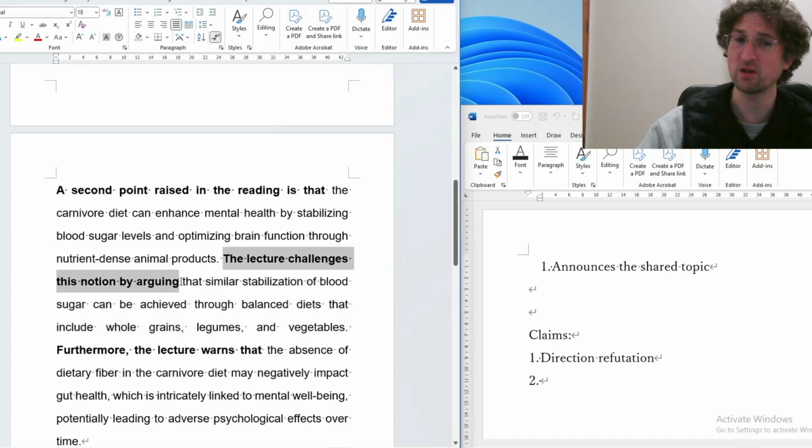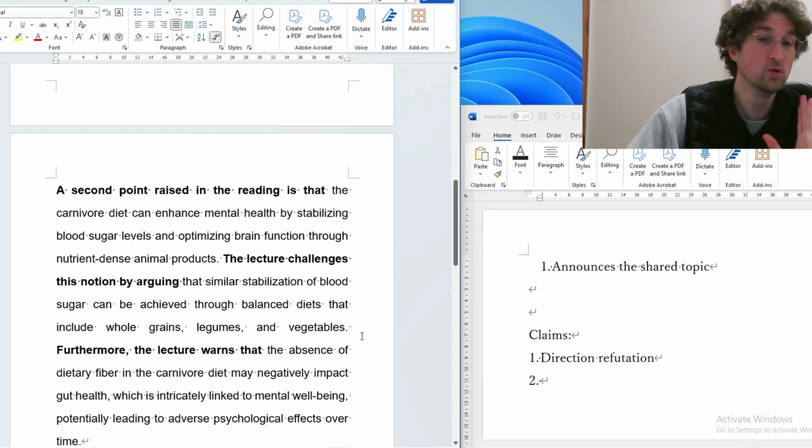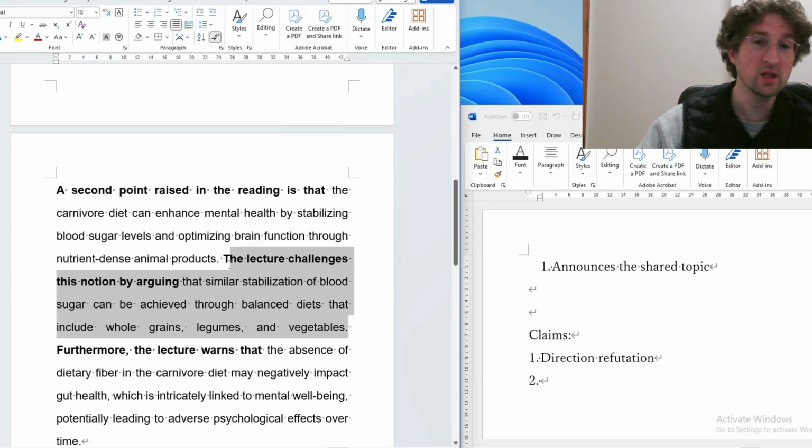The lecturer challenges this notion by arguing that similar stabilization of blood sugar can be achieved through balanced diets that include, that do not exclude, whole grains, legumes, and vegetables. So what is the nature of the opposition here?